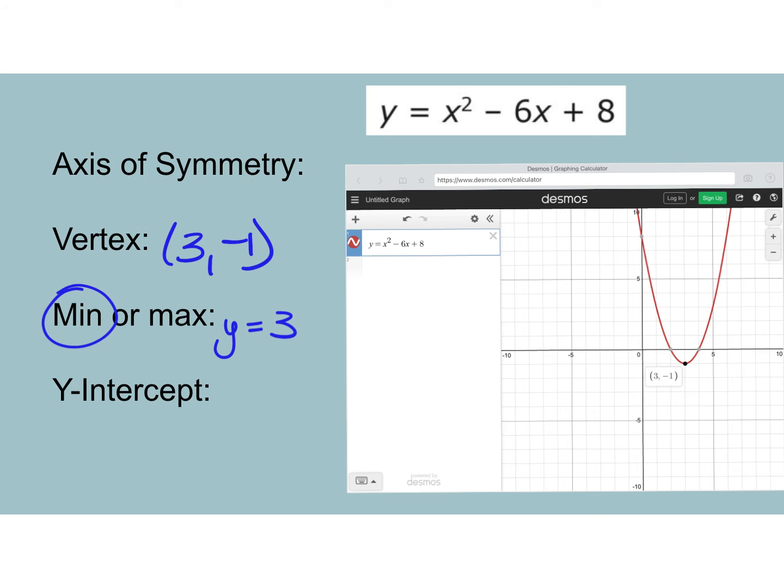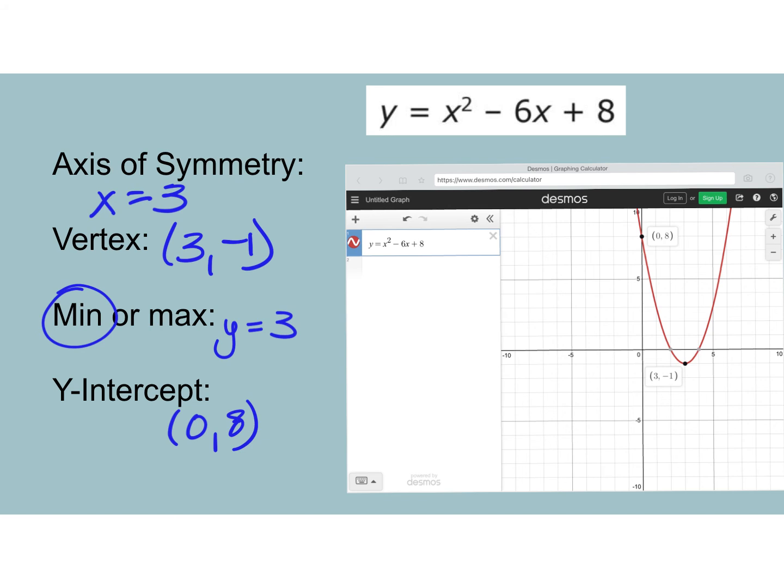The next thing we're going to do is find that y-intercept, which is located at 0, 8. And then, of course, our axis of symmetry is where x equals 3. Remember, you can also find all of these characteristics without graphing.